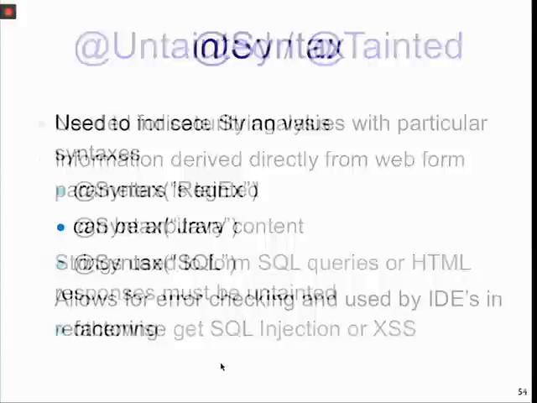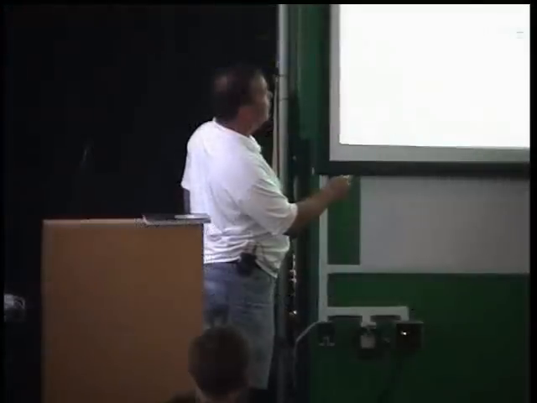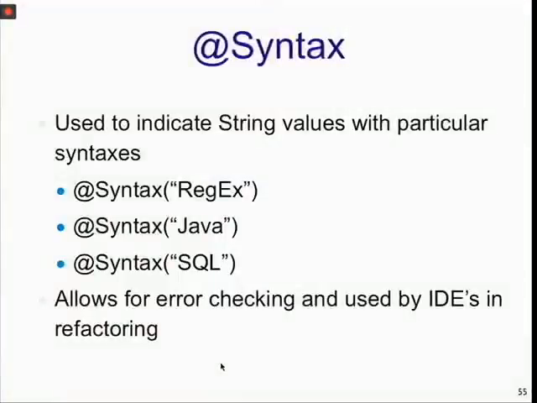One of the things that's been proposed, and IntelliJ has some features like this, is to say that what goes here should have the syntax of a regular expression. If the string you pass me here is not a valid regular expression, I want a warning to be generated. Or this parameter should take a string which is Java syntax, or SQL syntax.